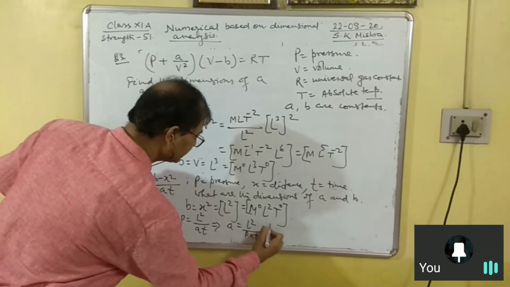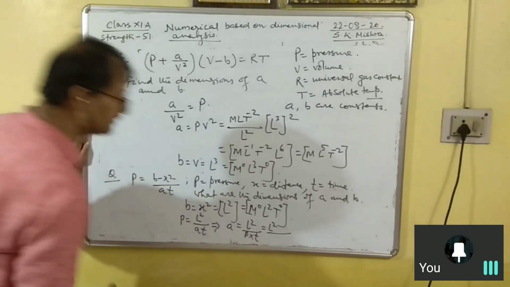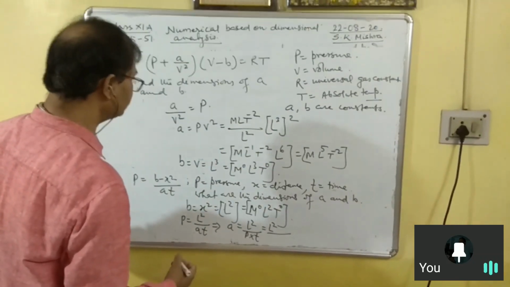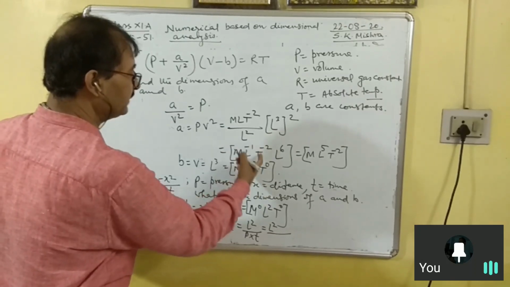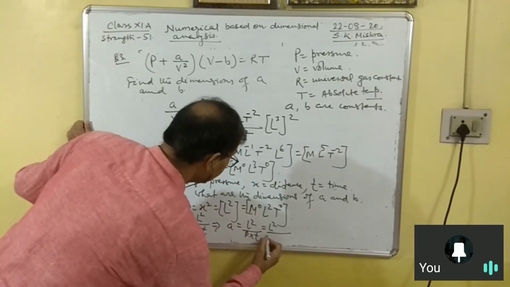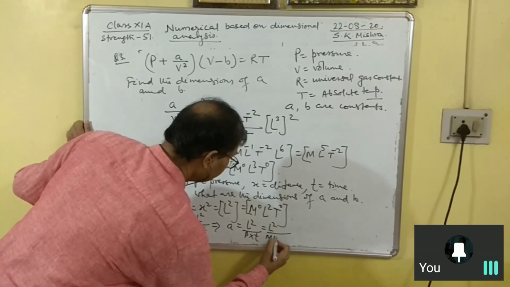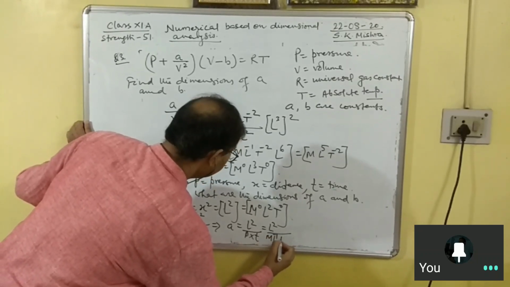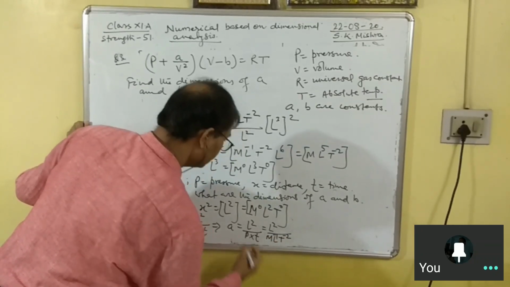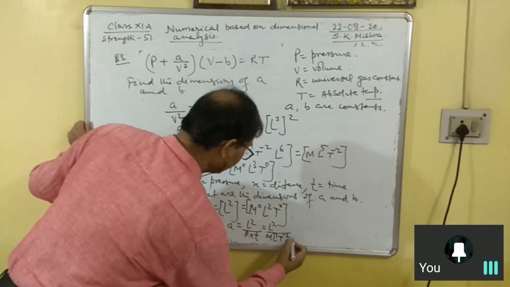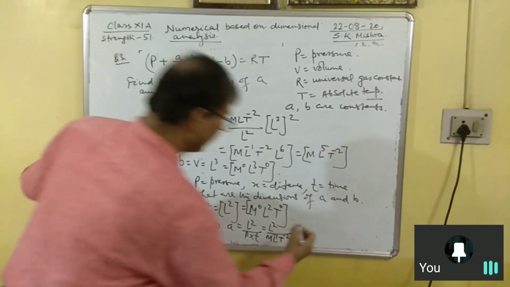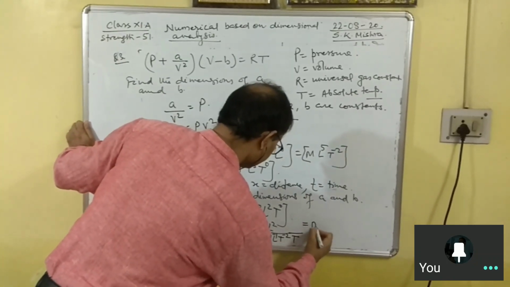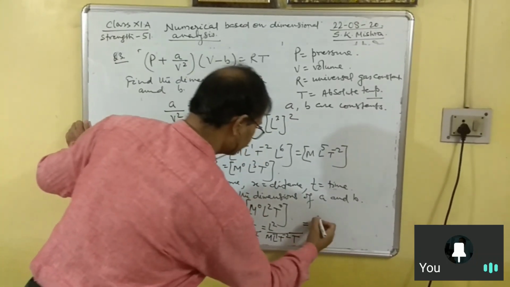So this is L square, and what is the dimension of pressure? Pressure is M L minus 1 T minus 2. So this is M L minus 1 T minus 2, and then time T again. Finally you are getting M raised to minus 1.